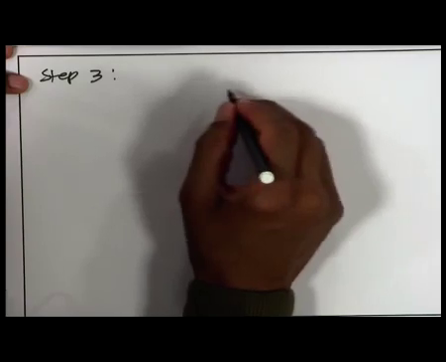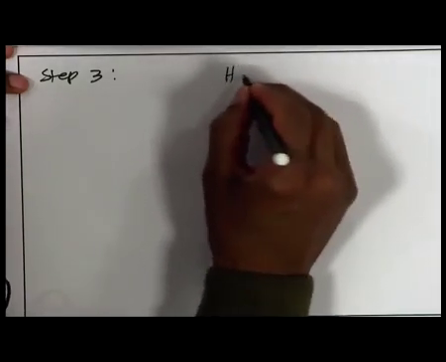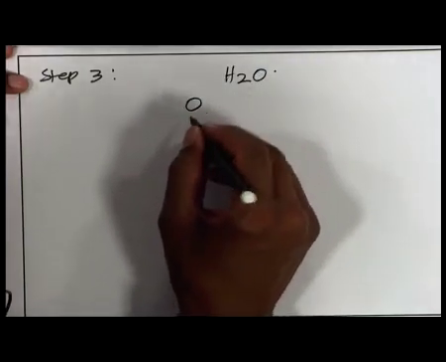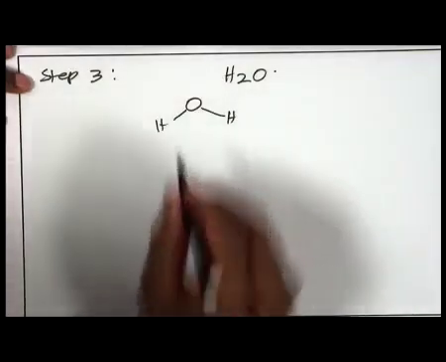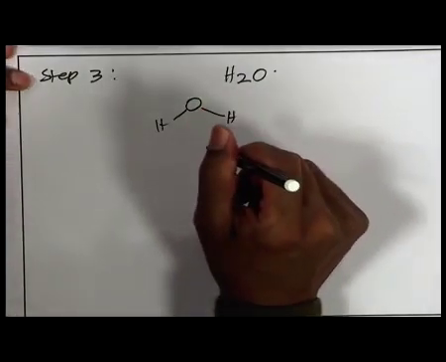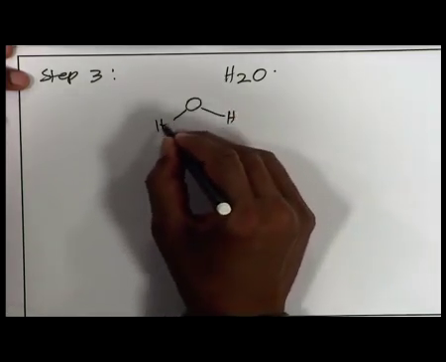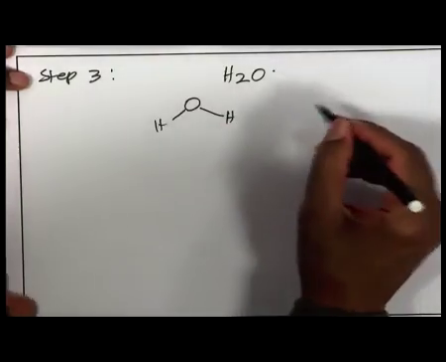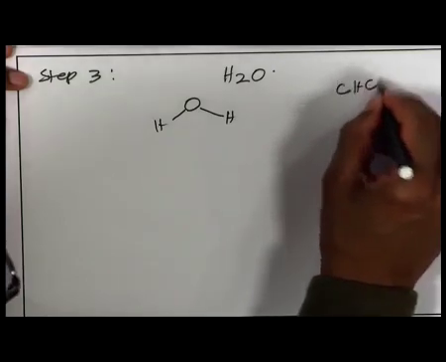For example, in the water molecule, H2O, the central atom is oxygen, which has the highest bonding capacity, and then you draw a bond between oxygen and hydrogen. Another example is chloroform, CHCl3.